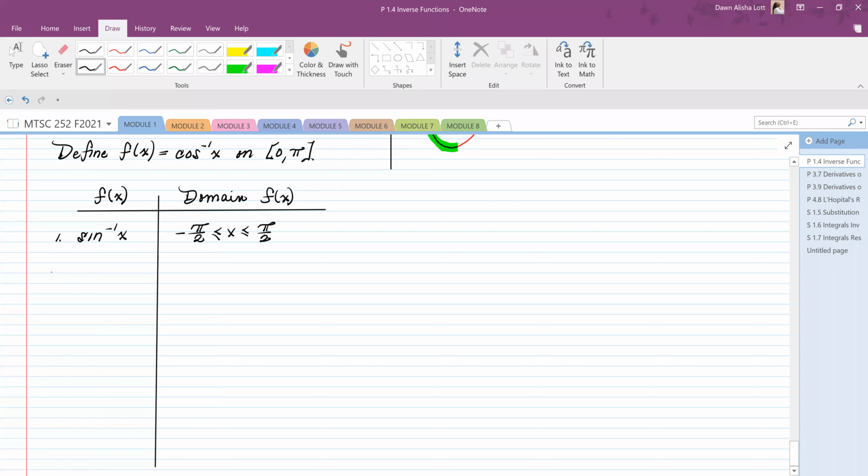Number 2 is the cosine inverse of x. Its domain is between 0 and pi. Number 3, tangent inverse of x, and its domain is minus pi over 2, which is not included in the interval, to pi over 2. So we do not include it.